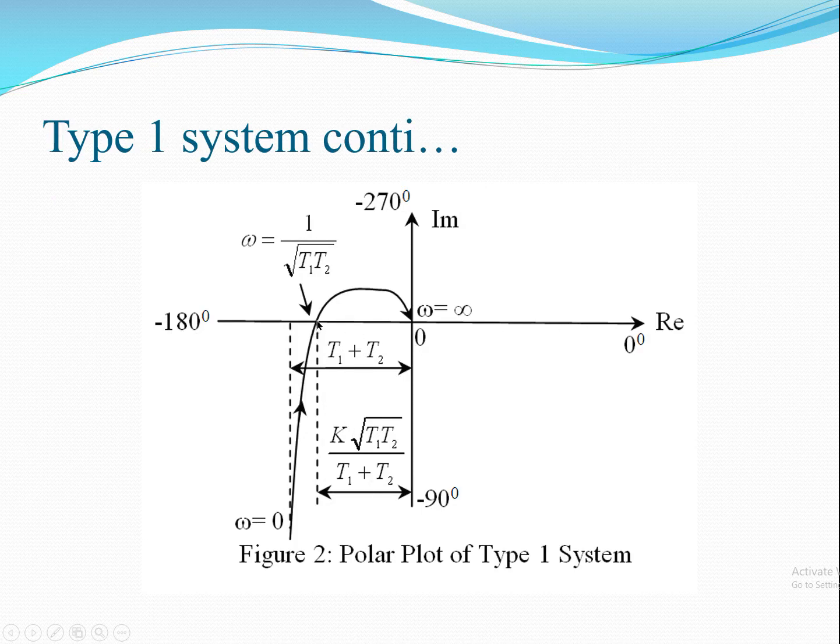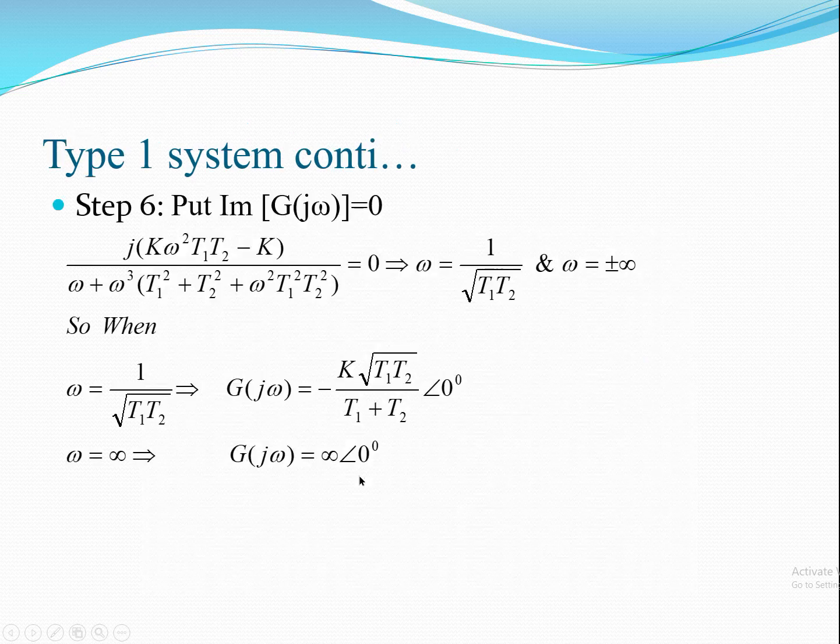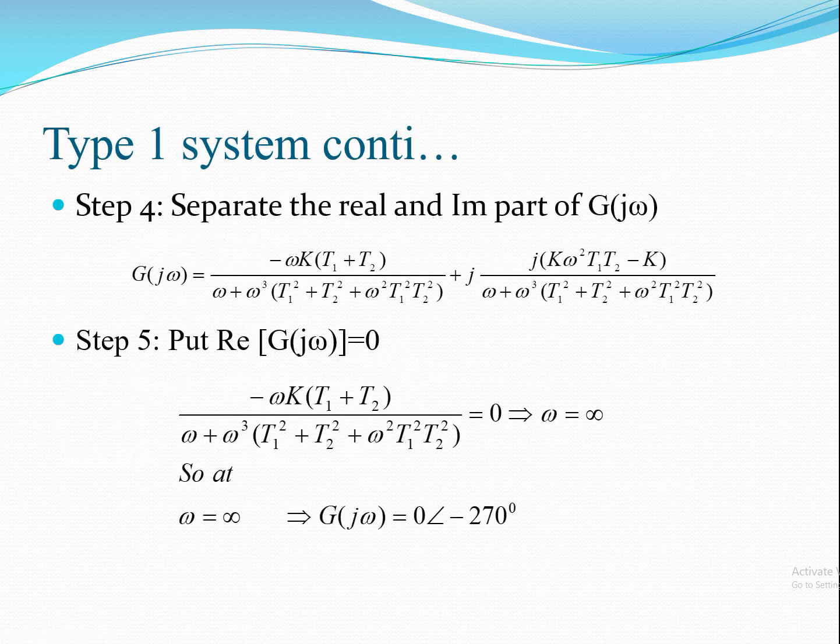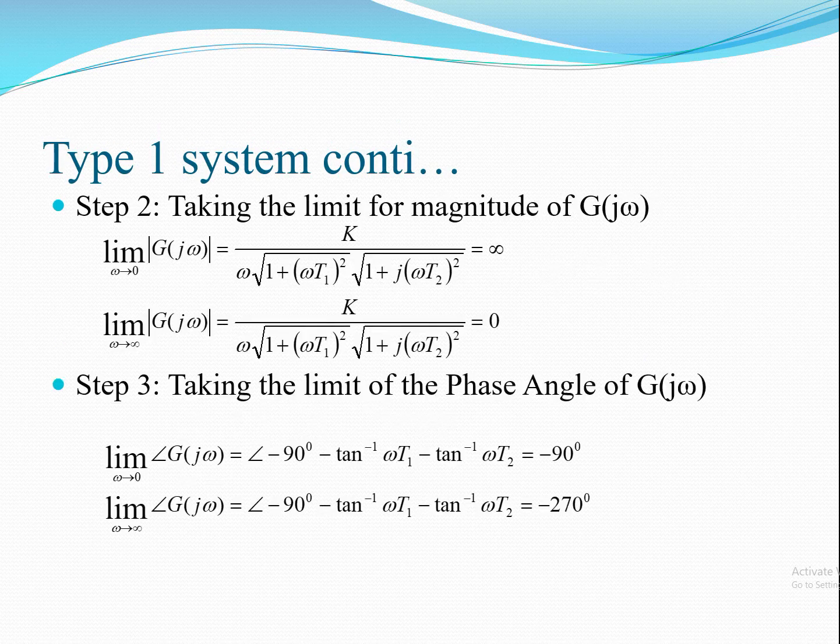So it starts from infinity at omega equal to 0, goes to 0 at omega equal to infinity, and touches at omega equal to 1 upon under root T1 T2 with magnitude k under root T1 T2 divided by T1 plus T2. So this is the answer we have.